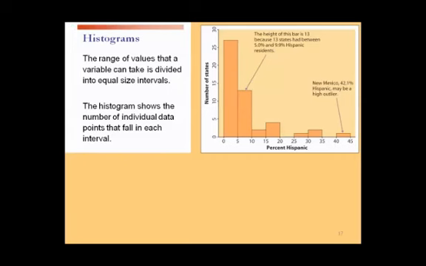Well, here is the first plot, histograms. Now, be careful with the axis. The x-axis is the percentage of Hispanics in a state. What is the y-axis? The number of states that have a value between 0 and 5.